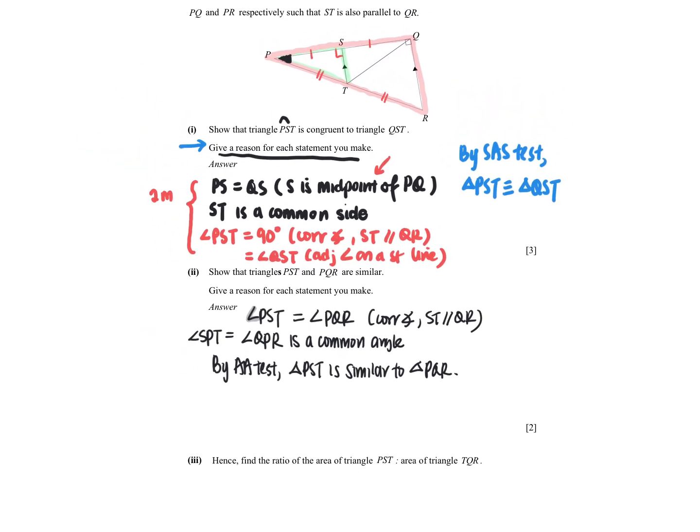Okay, last one. I want to find the ratio of the area of PST, the green one, to the yellow one. So first of all, if you can still remember, if they are similar triangle, A1, A2 is L1, L2 square.